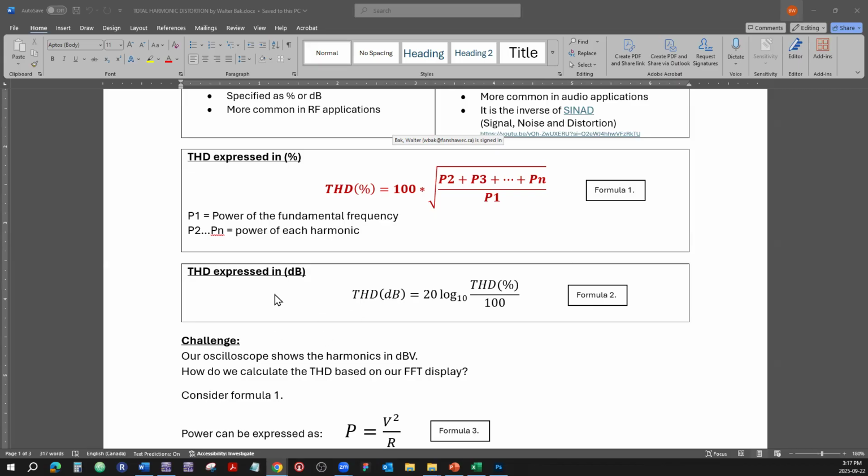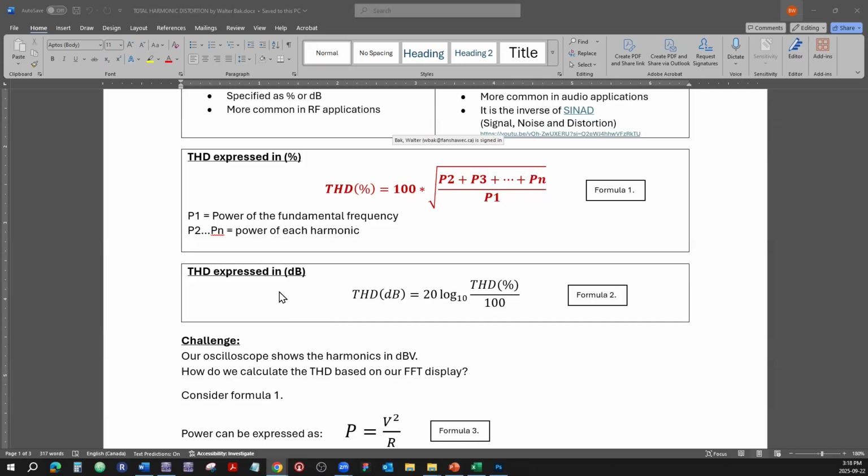Now, if we want to have the expression in decibels, decibels is not really a unit because it's a ratio also. Although certain kinds of decibels could actually be considered a unit. Like, for example, dBm. It is a dB ratio with a reference to 1 milliwatt. All right, so that would be power.